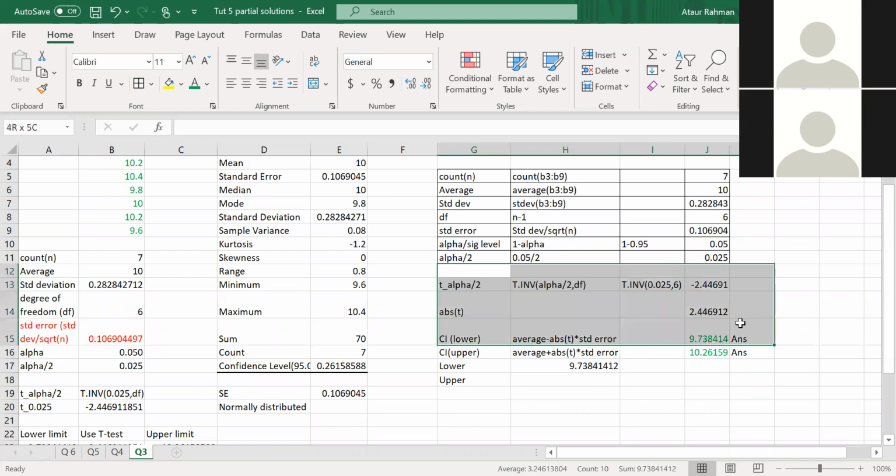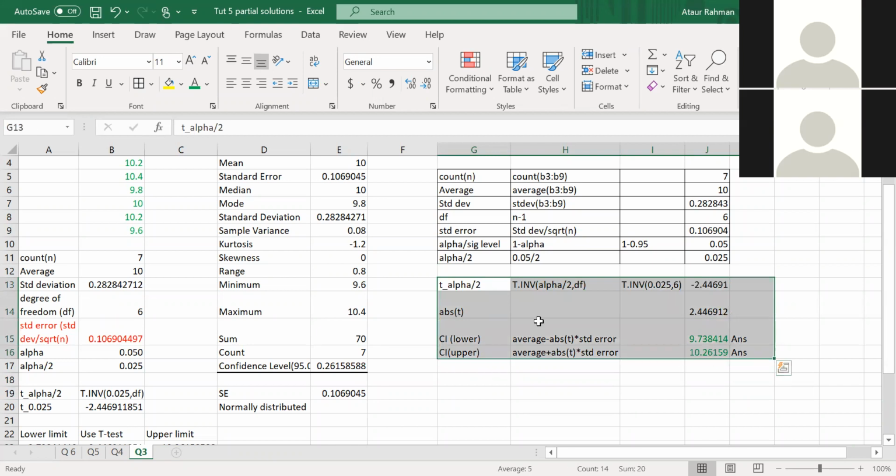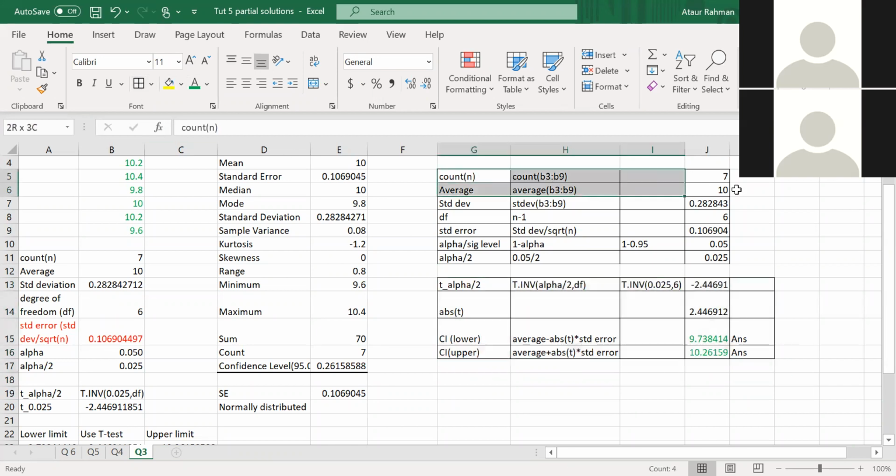So we'll put everything on the, I think we don't need this part because we have done it there. So I always like to put a boundary there so that when you're copying into the Word file, so this is the thing here. So this is the confidence interval of the mean.